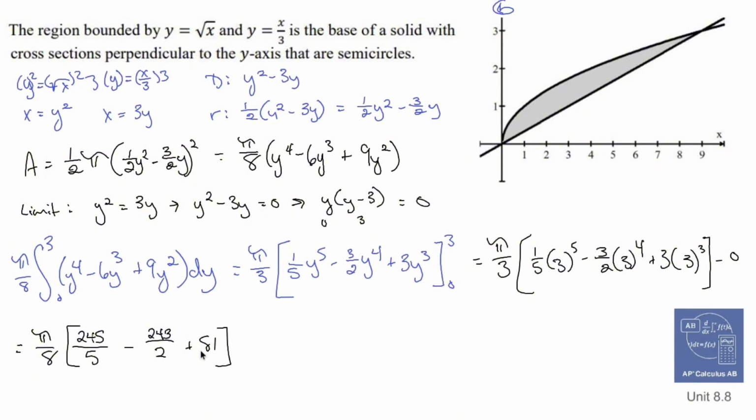Common denominator of 10. So let's multiply by 2 over 2, so we have pi over 8. Multiplying by 2 over 2 is going to get us 486 over 10. Multiplying by 5 is going to be 1215 over 10. And multiplying by 10 over 10 is going to be 810 over 10.